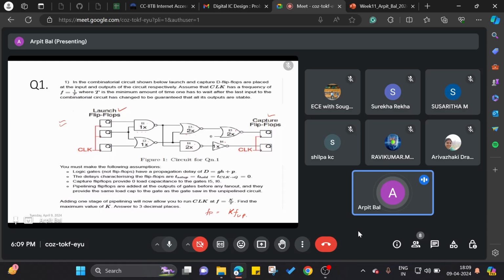Once you have noted it, just put it on the chat box that noted. Then we will start the solution, because this is a good question that will brush up your previous concepts as well, and the pipelining concept will come.